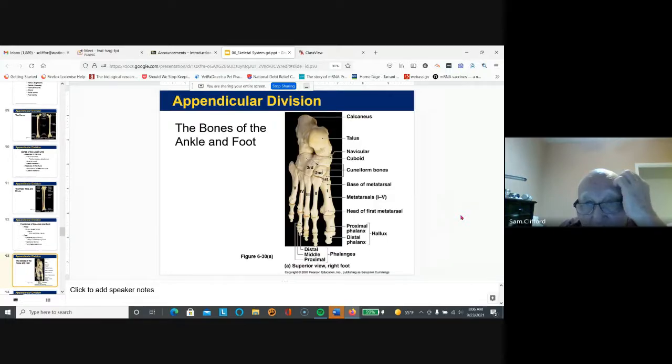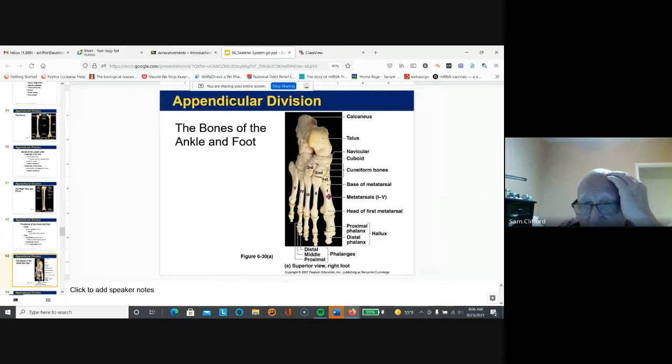Bones of the foot, you just have to know, just like in the hand, you have to know the tarsal bones right here, and then the metatarsals, and then the parts of the phalanges, distal, middle, and proximal.